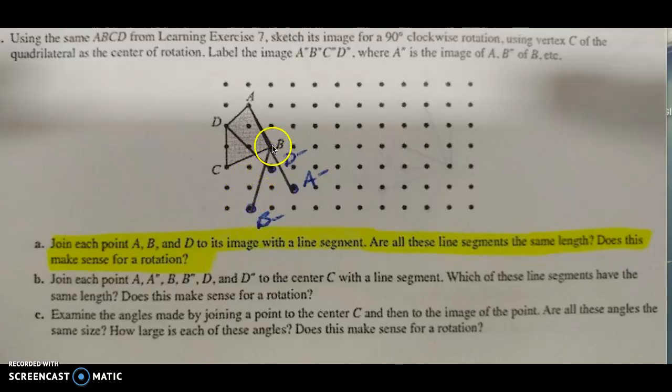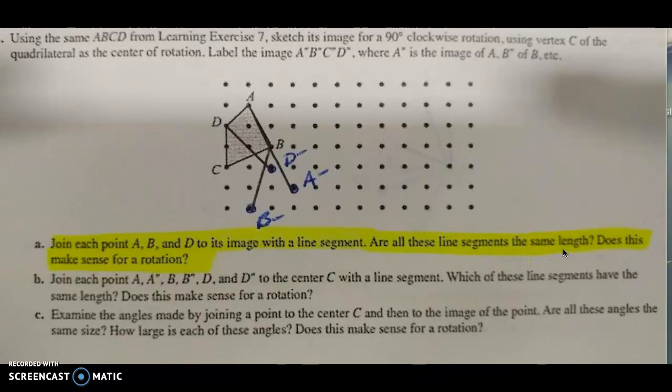If I count, B is 1, 2, 3 spaces away from B prime. And D is 1, 2 spaces from D prime. And A is about 1, 2, 3, 4 spaces from A prime.